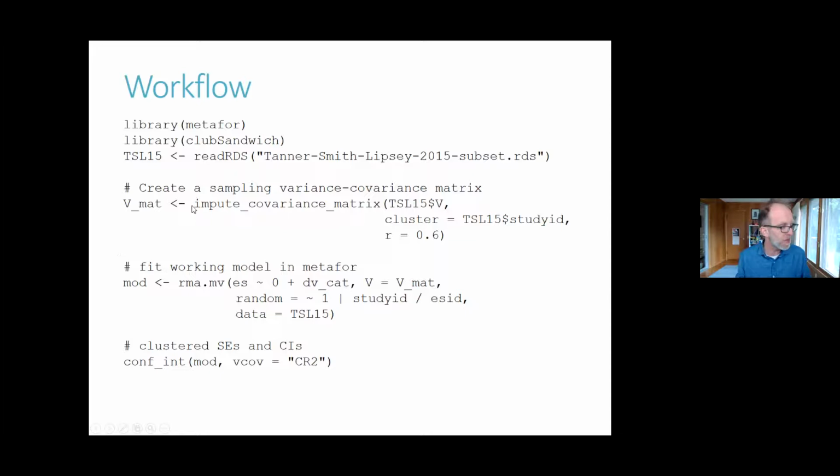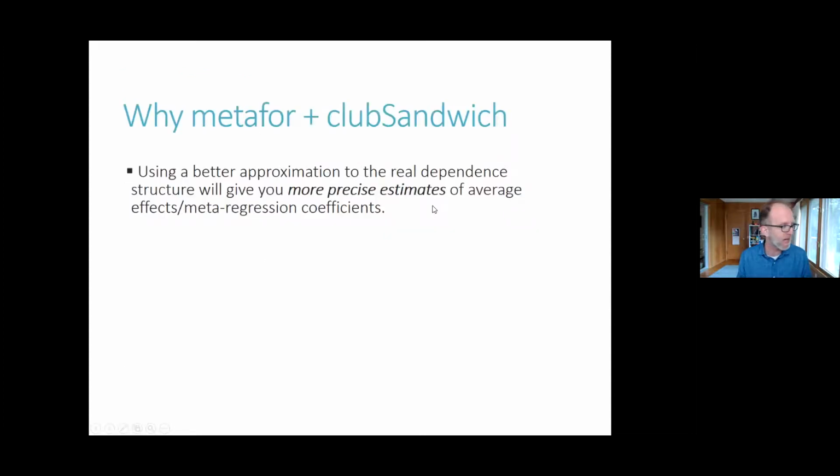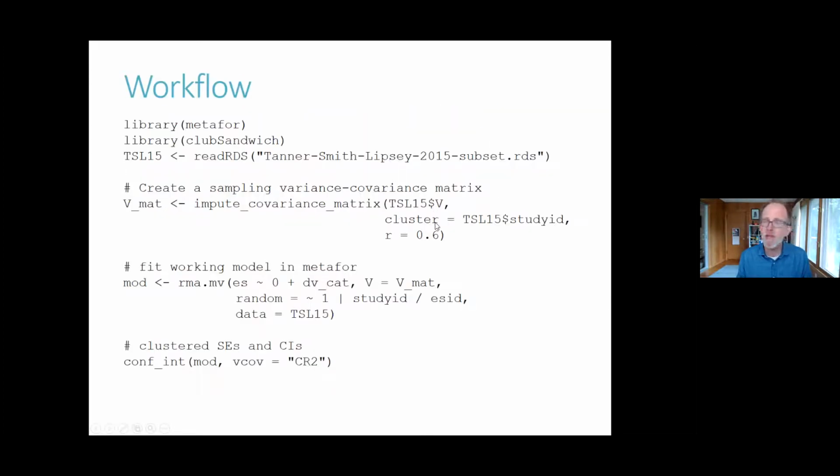The impute covariance matrix function from clubSandwich will do exactly that. In the syntax here, I'm taking the sampling variances, specifying a cluster ID, and then specifying an assumption about the degree of correlation of effect size estimates nested within a given study. Here I'm making a simple, rough assumption that the effect size estimates are correlated at 0.6.